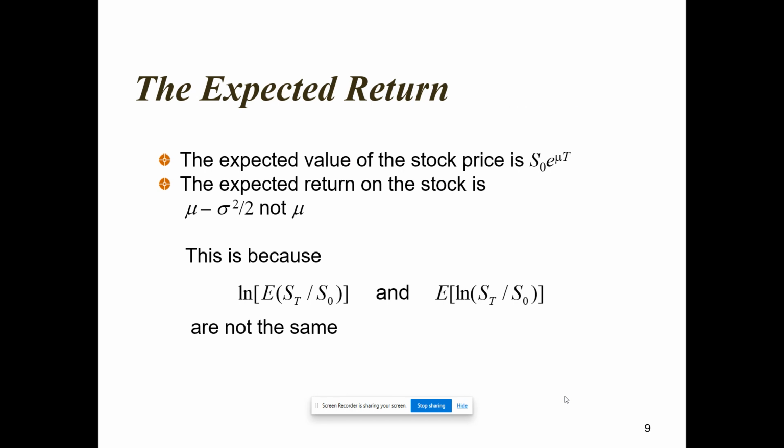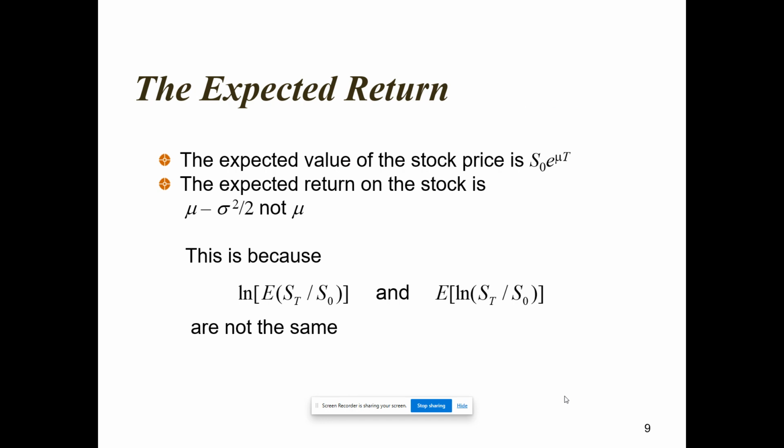Now, the expected value of a stock price is S0 times e raised to the power of mu t. And remember one thing, expected return is not mu, it is always mu minus sigma squared by 2, which is what we've seen in the earlier equations which we have reviewed. And why is that so?